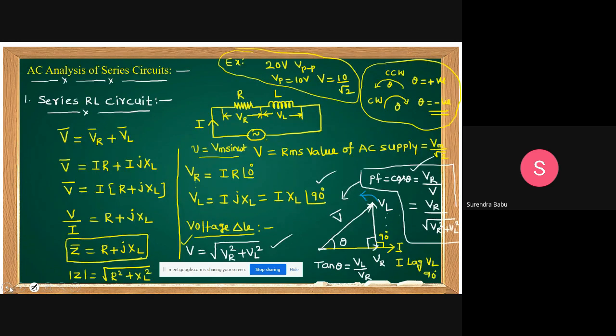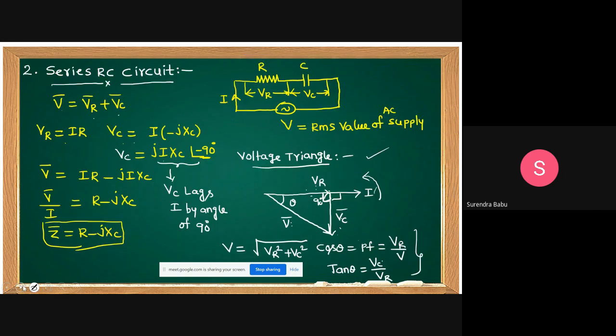The first one I gave was the AC analysis of a series RL circuit. The next one is the series RC circuit. Here also it is the same, but this value is the RMS value of the AC supply.